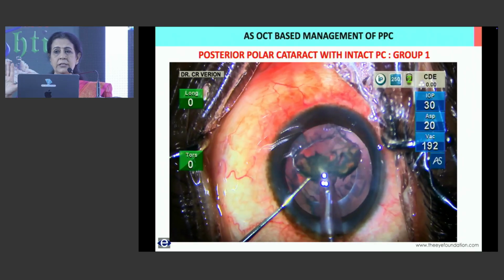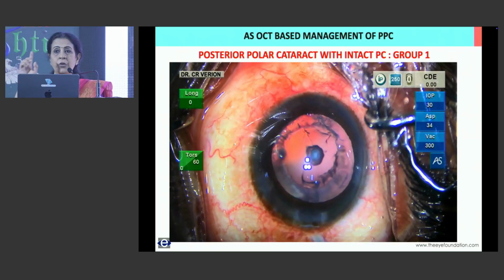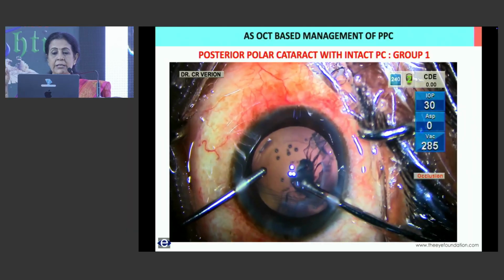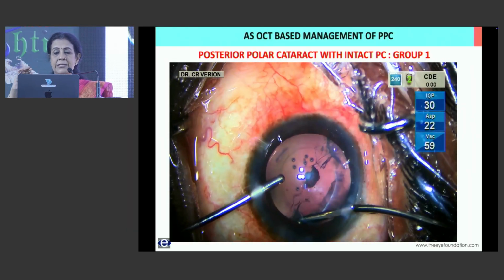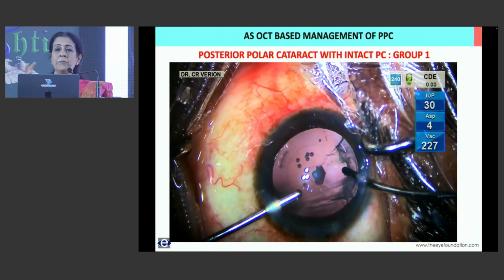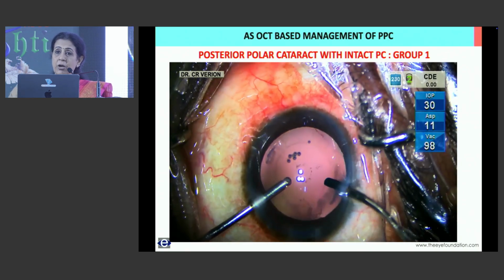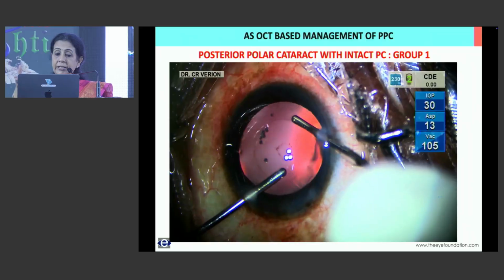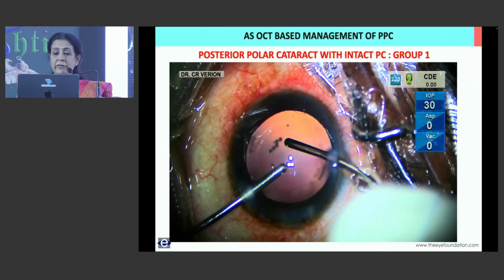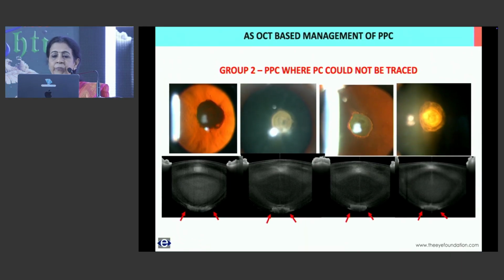I agree that it's a posterior capsule to be watched, but in that group 1, wherein you are seeing an intact posterior capsule on ASOCT, are definite cases where you can do a routine cataract surgery and not make the surgery a challenge. And sometimes the complication is not because of the posterior polar cataract. Here I have even dared to do a posterior capsular polishing, which normally we may not. We need not dare to do that if necessary, but you can get away.